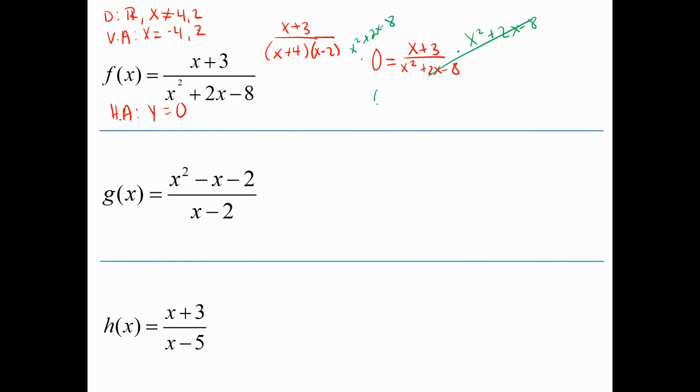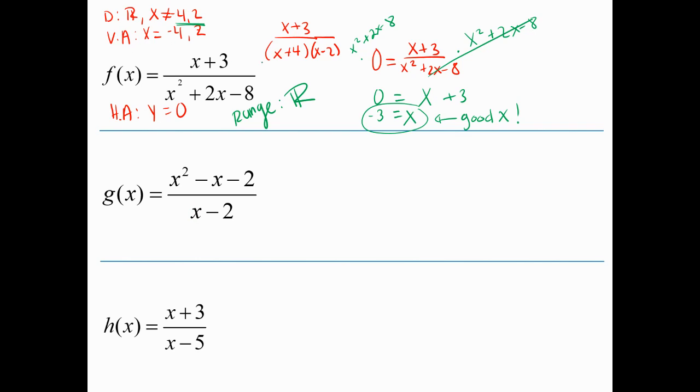Anything times 0 is just 0, equals x plus 3. Subtract 3, and I get -3 equals x. Is that a good x or a bad x? Well, I didn't kick it out. That is referred to as a good x. Therefore, I'm not kicking anything out of the range. The range would be all real numbers.